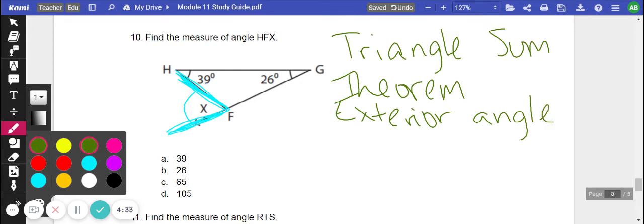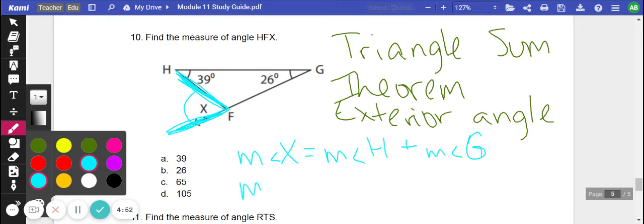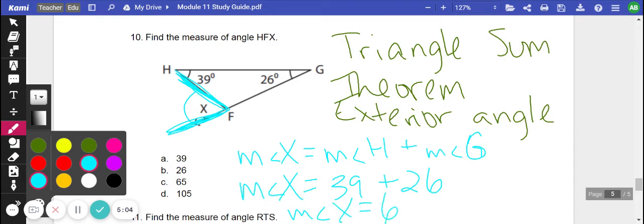So that states that the measure of angle X is going to be equivalent to the measure of angle H plus the measure of angle G. So therefore the measure of angle X is going to be 39 plus 26. Therefore, the measure of angle X is going to be 65. The answer is C.